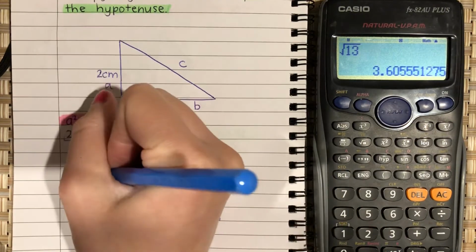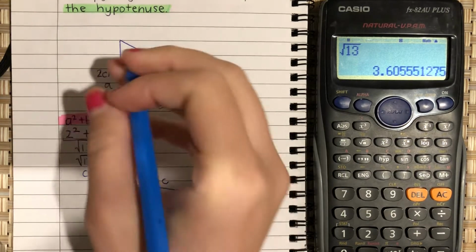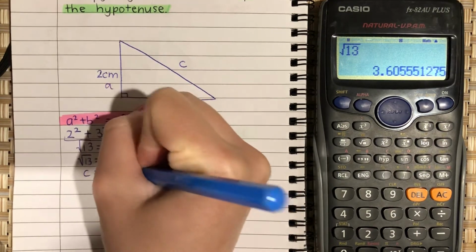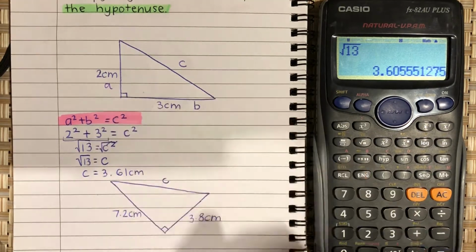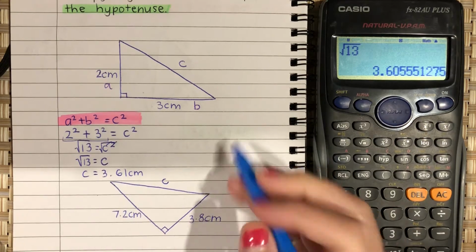Okay, so c equals, and we'll go to 2 decimal places, which is 3.61 centimetres.